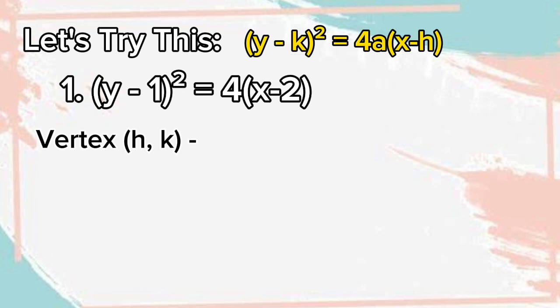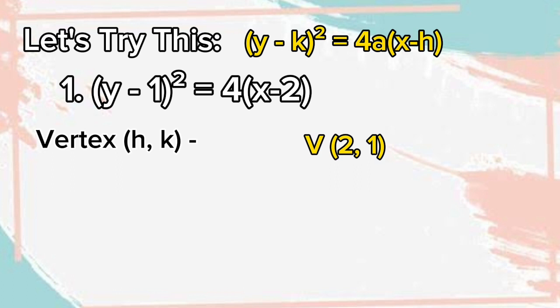So here's the thing: if our k is negative, when you change it into a point, you need to make the negative sign positive. Since it is y, the value of our vertex here is 2 and 1, because x minus h, wherein our h is 2. So our vertex would be 2 and 1. That's how you identify the h and k.